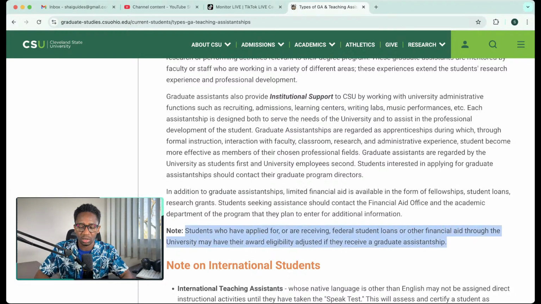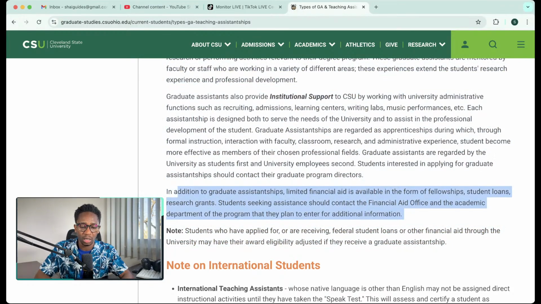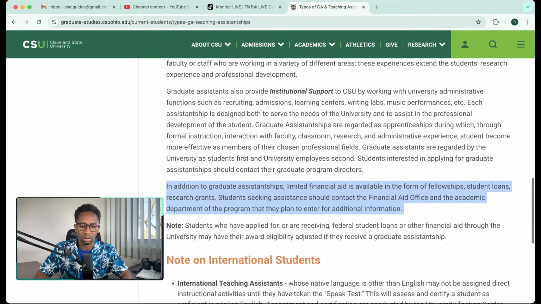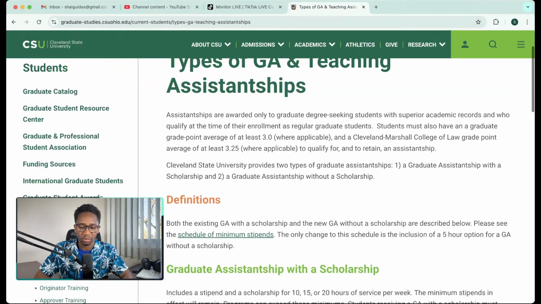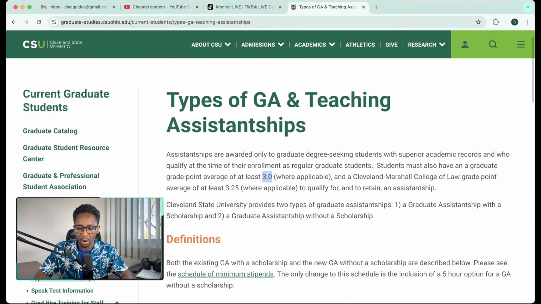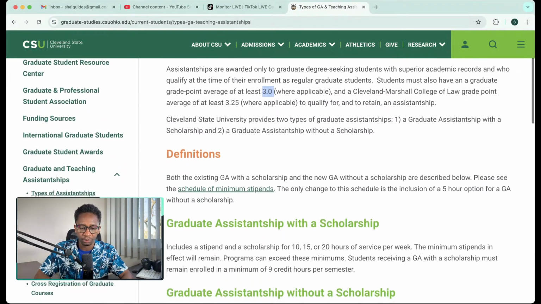The GRE is also a little bit hard and requires you to have a lot of time to prepare. If you don't have the time, then you might not do well. But I strongly believe, if you have 2.75 and you have the GRE and the score is good, you can get an assistantship.